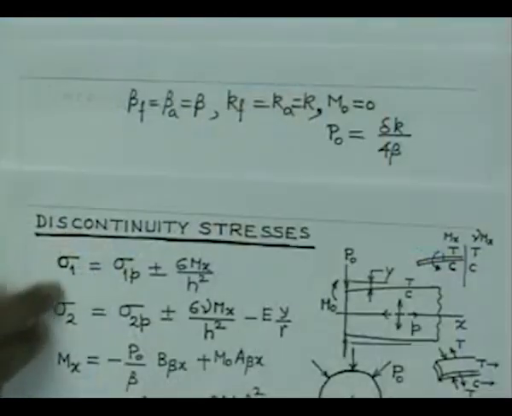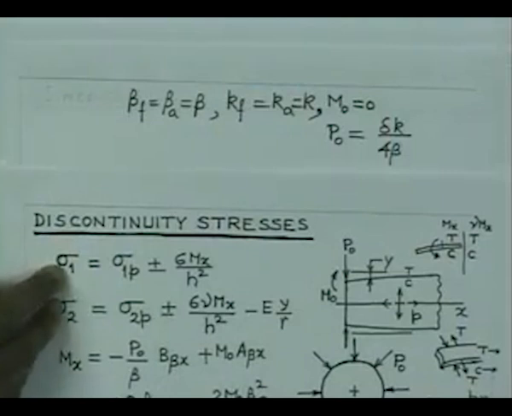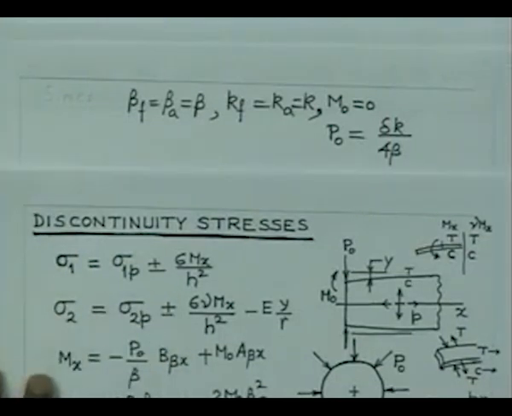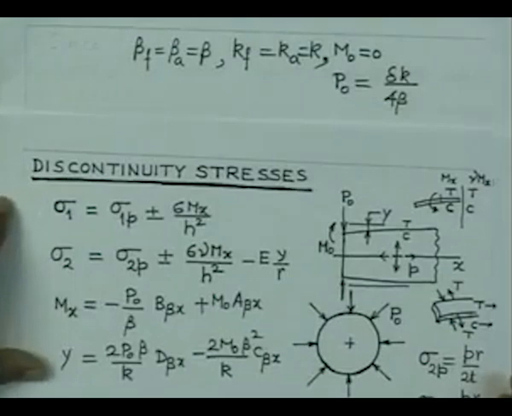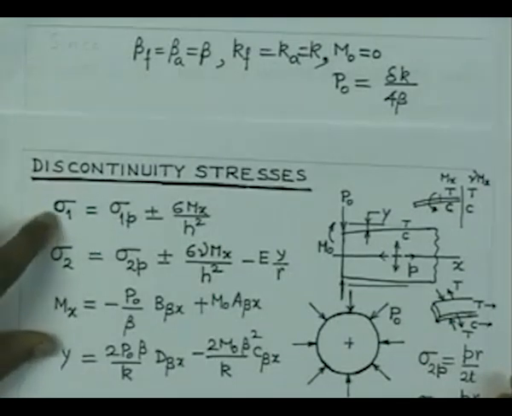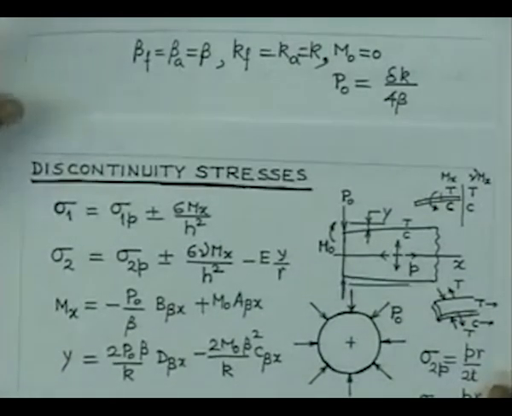The discontinuity total stresses in the vessels are obtainable from this relationship, which was considered a little while ago. So, this gives you the total stresses in the axial direction and circumferential direction.